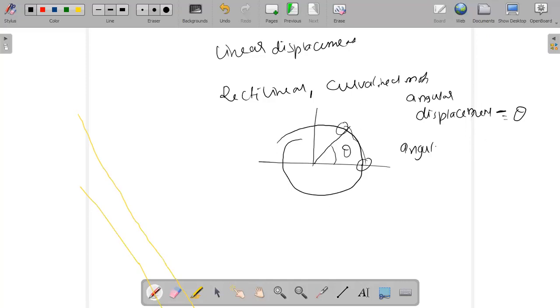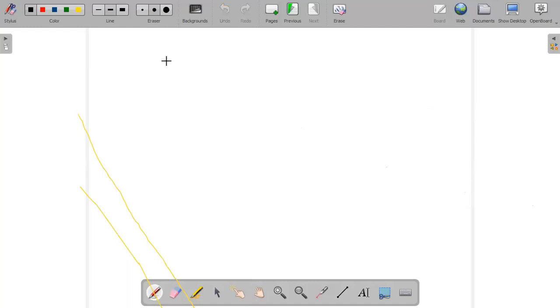Next is angular velocity. Angular velocity can be taken as omega. Next is angular acceleration, that is equal to alpha. For these three we have the same relationships as the previous relationships. We have seen that V is equal to U plus AT, where V is velocity.